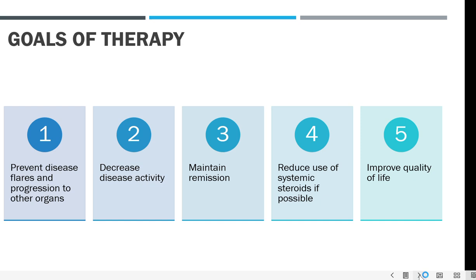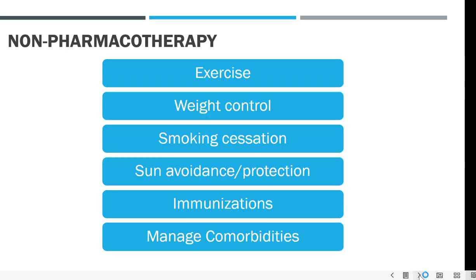First, thinking about some of our non-pharmacotherapy options to treat some of these disease states. Patients can have comorbidities that may increase flares, so we manage our comorbidities of hypertension, hyperlipidemia, osteoporosis, and depression so as not to worsen some of the effects of SLE.